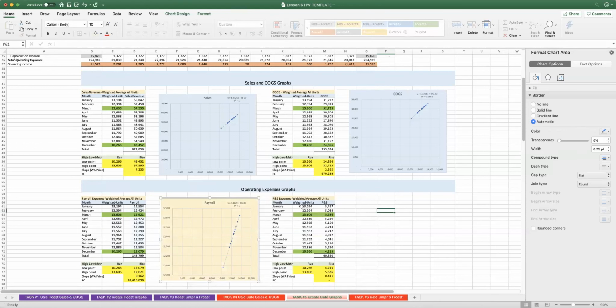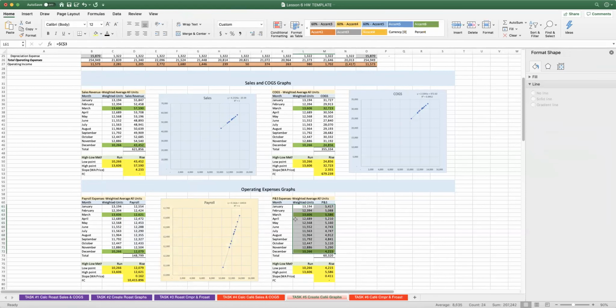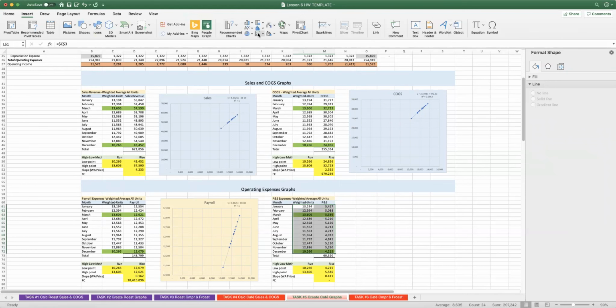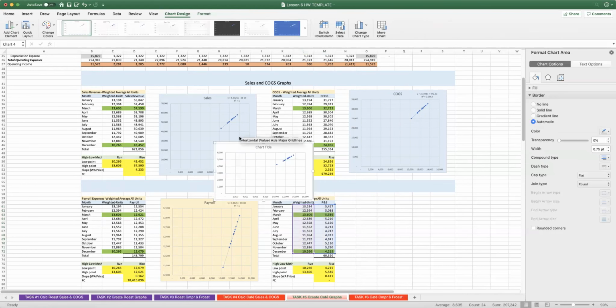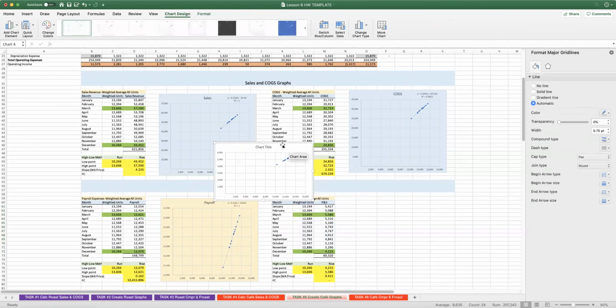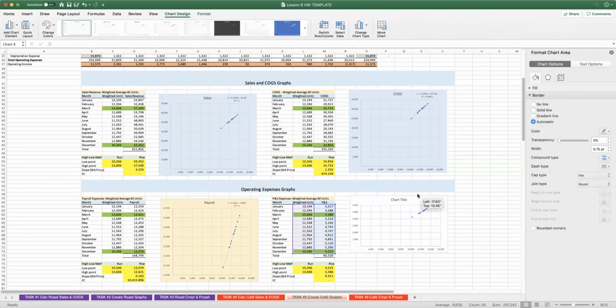Good. Again, highlight the data, insert, scatter graph, pull it down, resize, and relabel. This is promotion and selling.